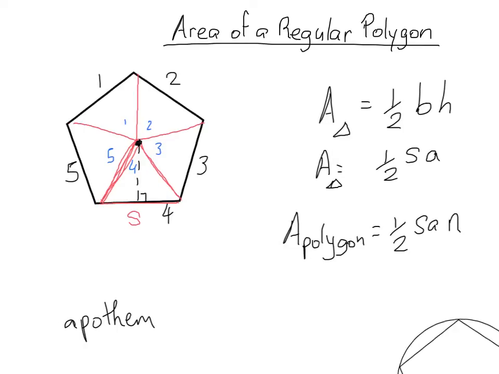Again, we're multiplying a half by the side length of the polygon, by the apothem length, and then, of course, by the number of sides.